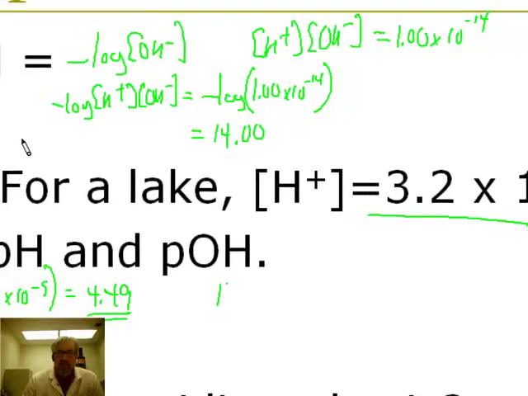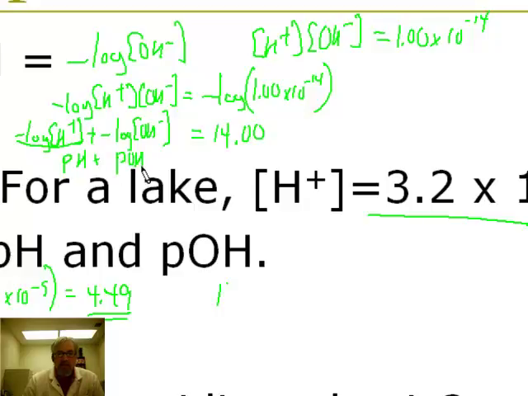On the left-hand side, I could rewrite this as minus the base 10 logarithm of H+ concentration plus minus log of OH- concentration. But the log of H+ concentration, the negative of that, is pH. And the negative of log of OH- concentration is pOH. And that equals 14.00.